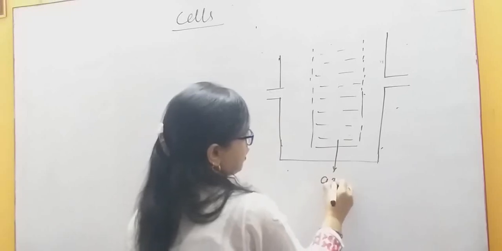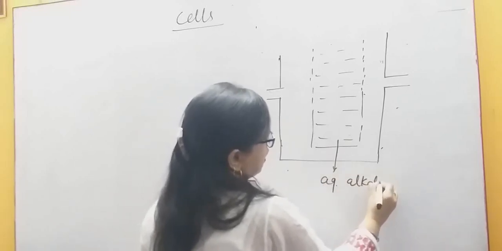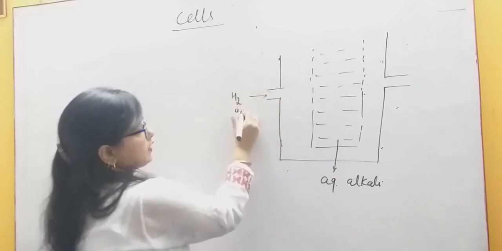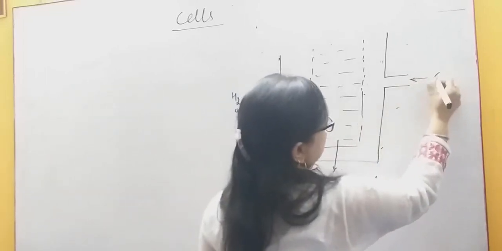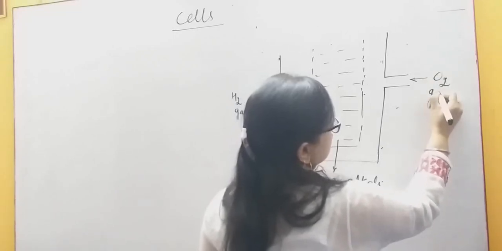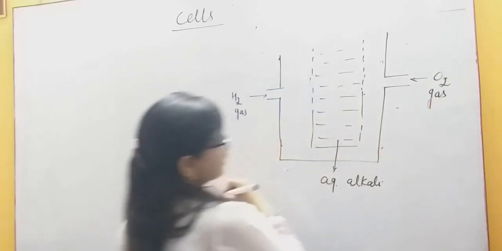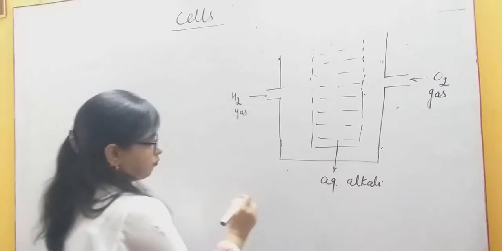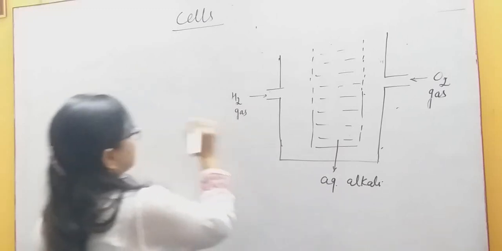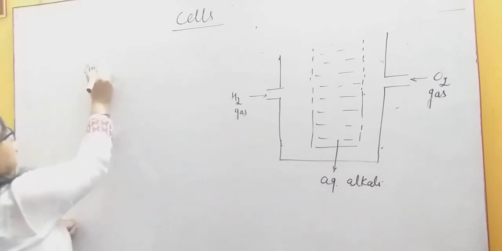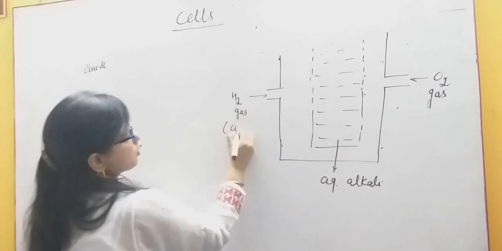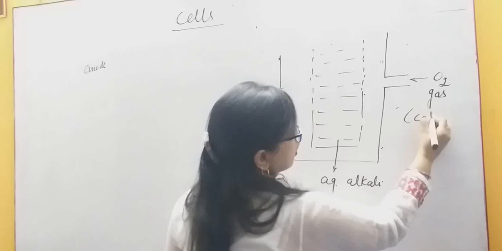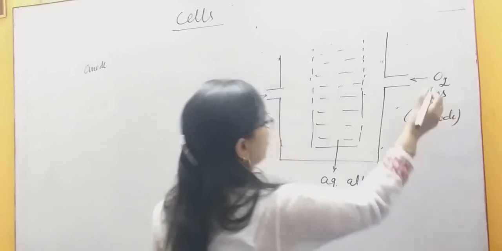This is aqueous alkali. Here is the supply of hydrogen gas and here is the supply of oxygen gas. This is aqueous alkali. Here anode is hydrogen gas and cathode is oxygen gas.